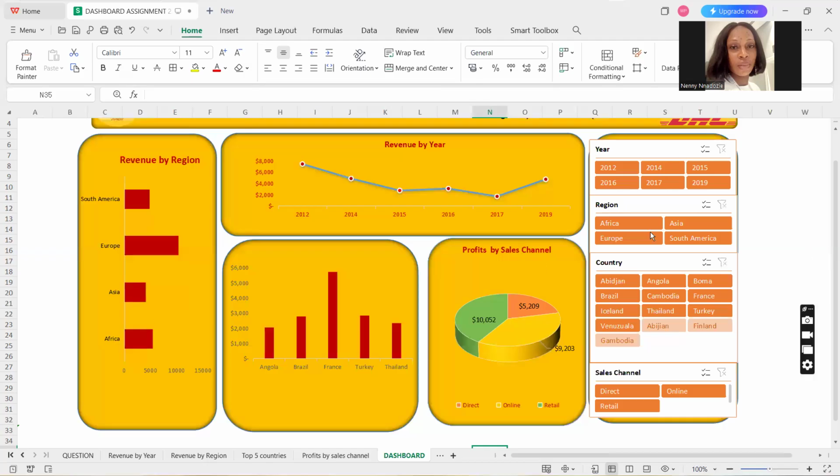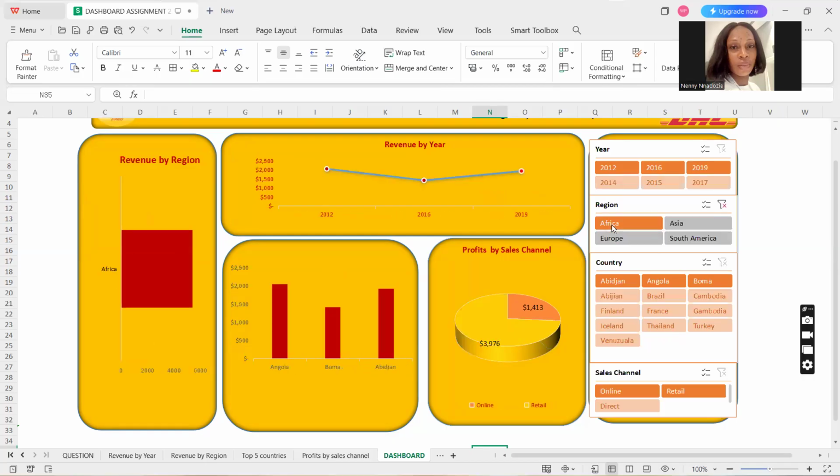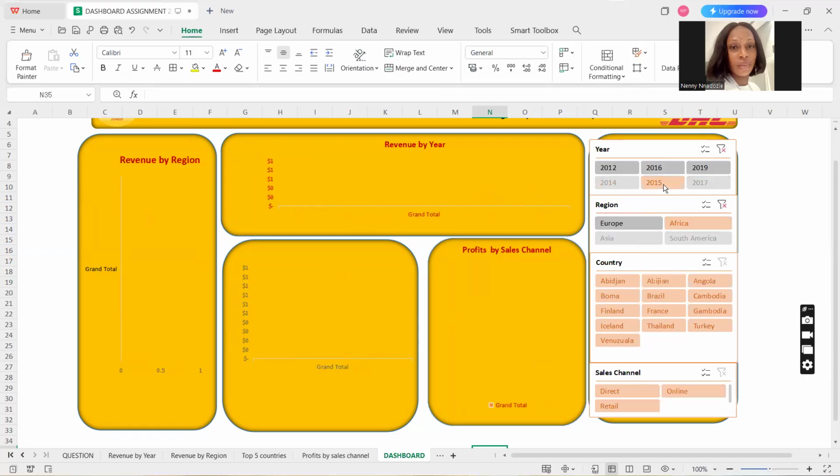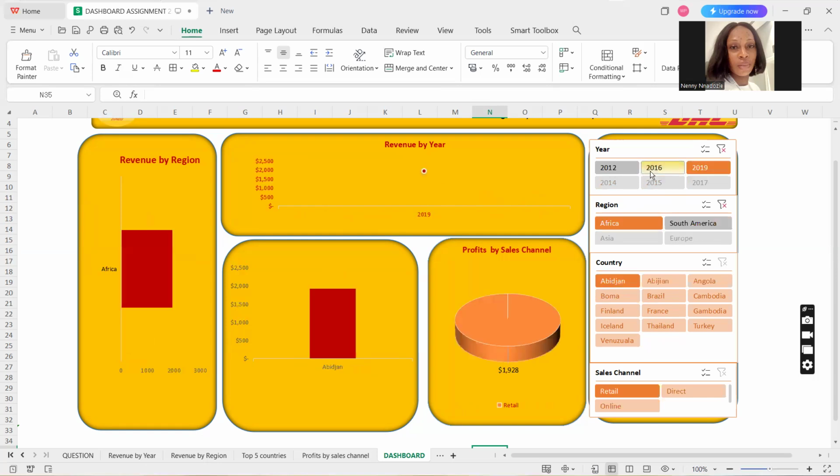So these are the sales channels for Europe. I was going to check what Africa made in the year. I want the year 2019. Okay, this is what Africa made.